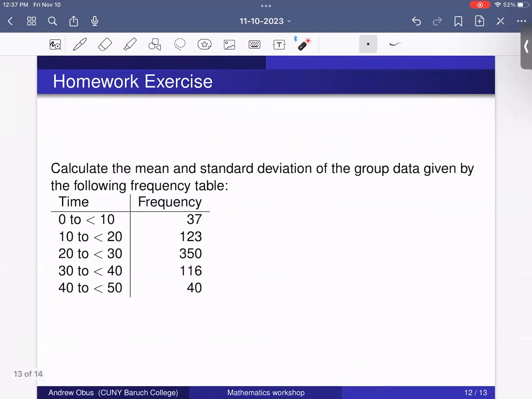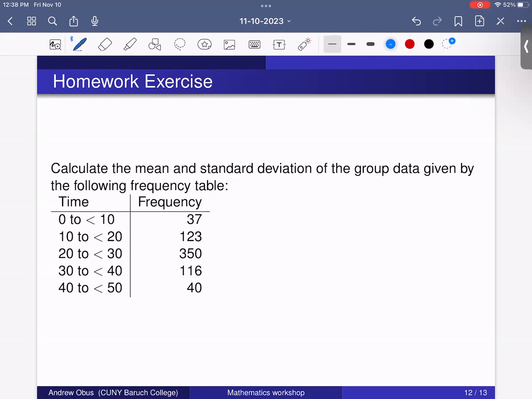So for the homework exercise, you have a smaller scale version of this. Let's say that we have a frequency table given by these entries. These classes go 0 to 10, 10 to 20, 20 to 30, 30 to 40, 40 to 50 with these frequencies. Then try to calculate the mean and standard deviation of the group data.